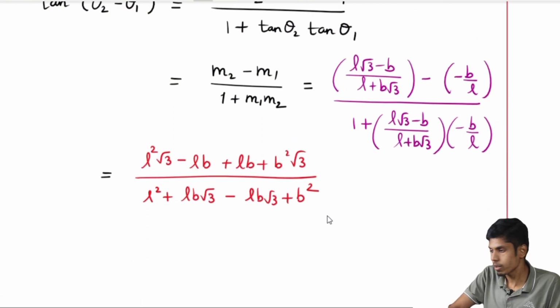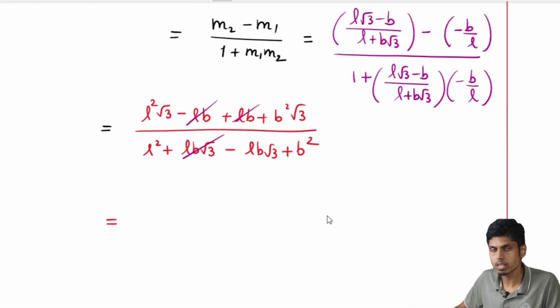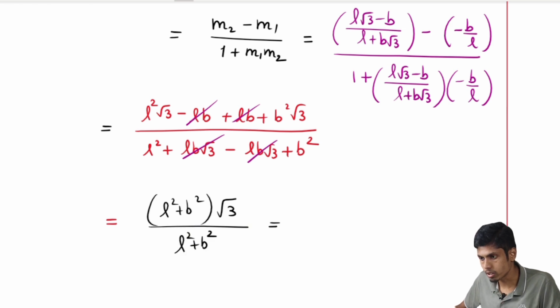And we are going to arrive at something quite simple. LB and minus LB go off, LB root 3 and minus LB root 3 go off. So you get (L square plus B square) times root 3, the whole divided by (L square plus B square), which is just root 3.